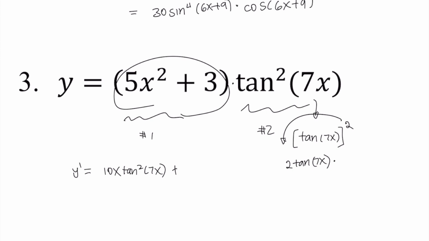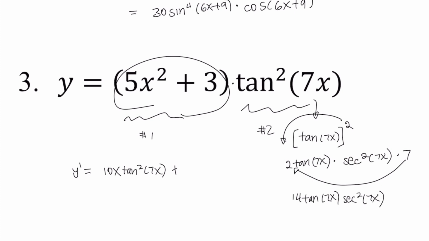And then you have to take the derivative of tangent 7x, which would be secant squared 7x. And then again, we can see that there's an inside, which is 7x. So we need to take the derivative of 7x, which would be 7. So that goes to the front. So 14 tangent 7x, and then secant squared 7x. So that would be the derivative of tangent squared 7x.